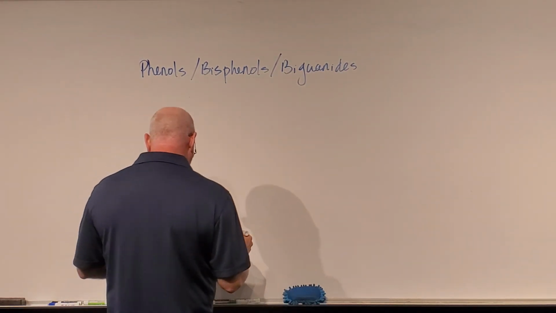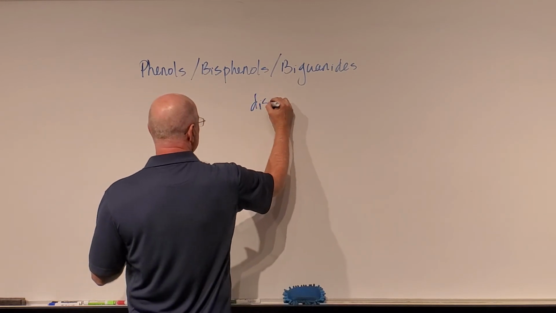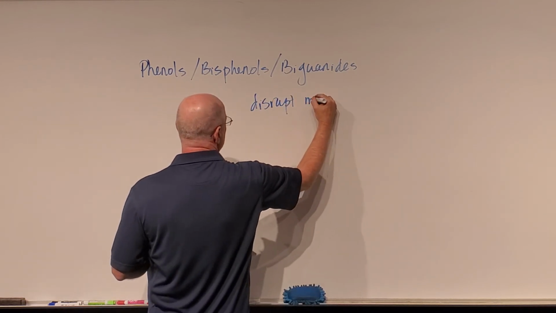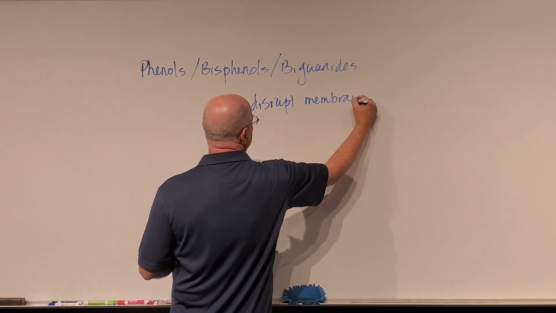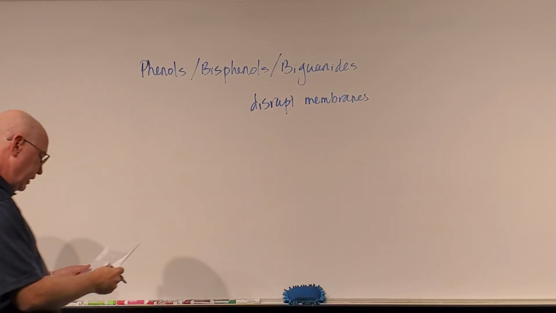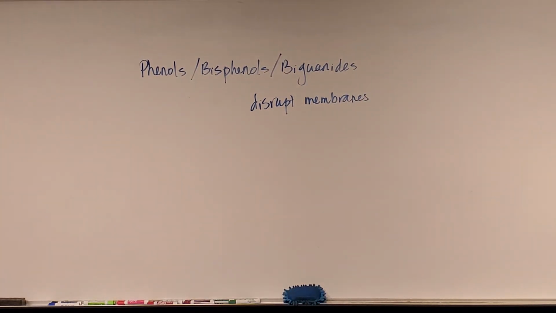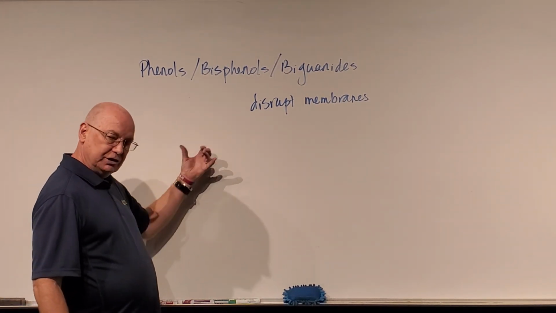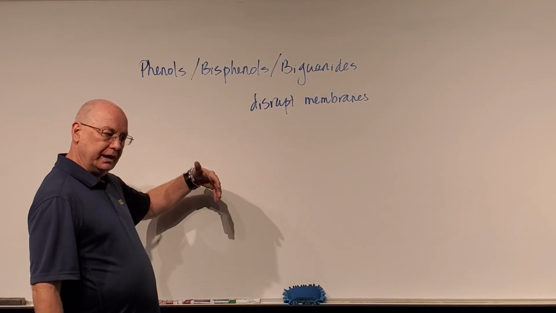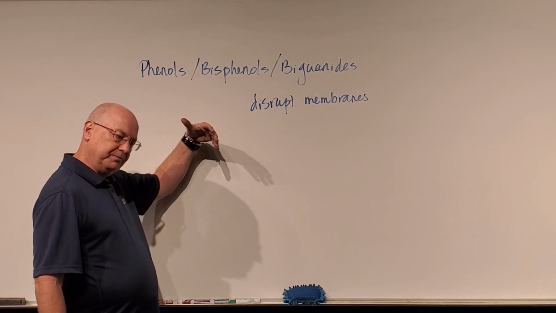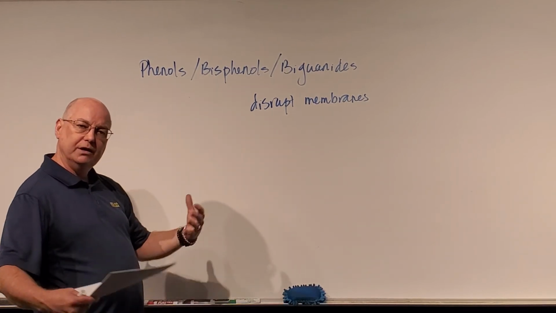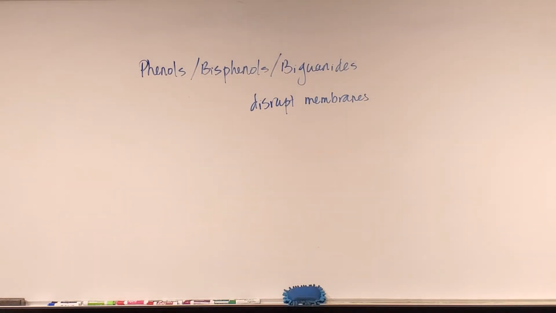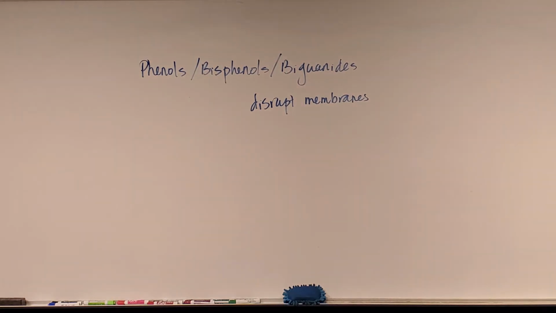But one of the things we know about them is that they can disrupt membranes. They disrupt the plasma membranes of many microbes. They can dissolve lipids, and as they dissolve the lipid membrane, the cell is essentially broken up. It's basically like cutting someone open. Everything spills out. It would also allow other harmful substances in.